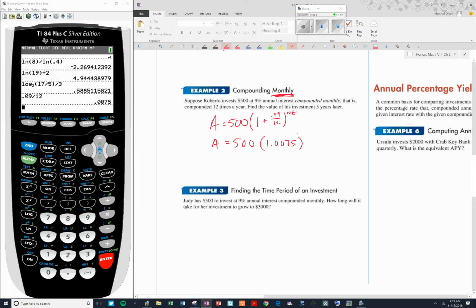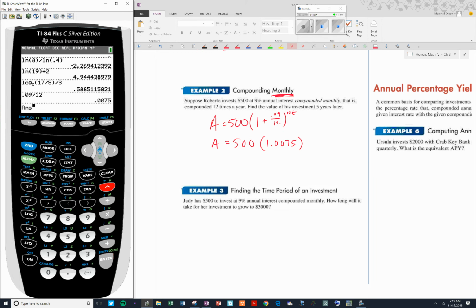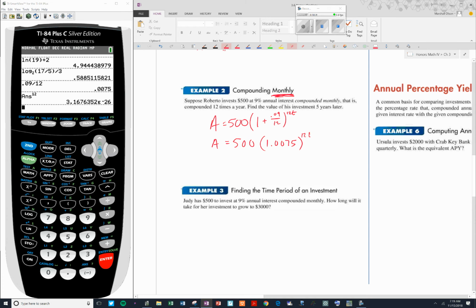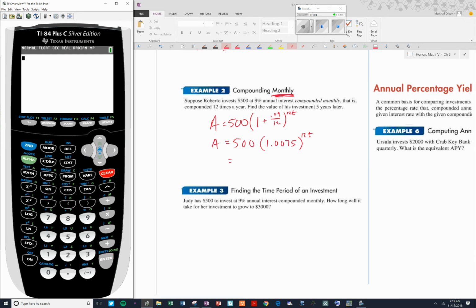Because then what I'm going to do is take this 1.0075 to the 12th. Oh, I didn't add the 1. I've got to add the 1.